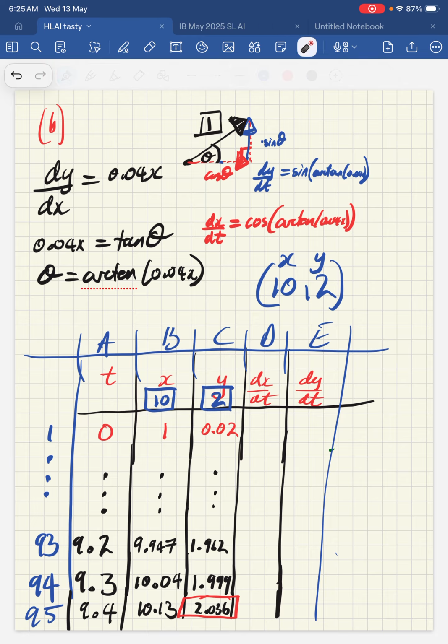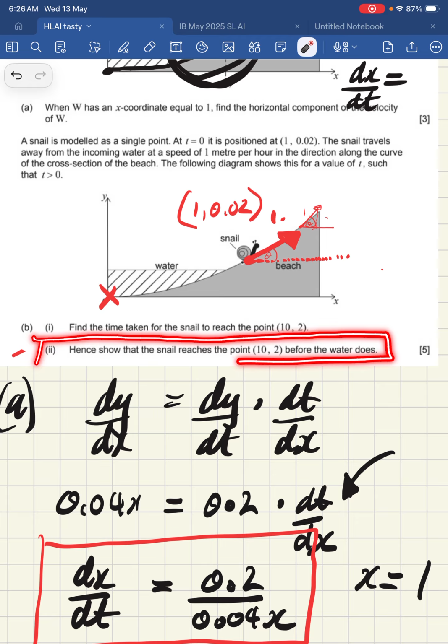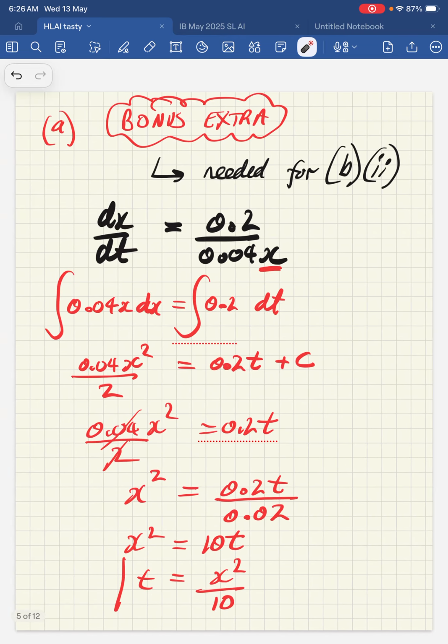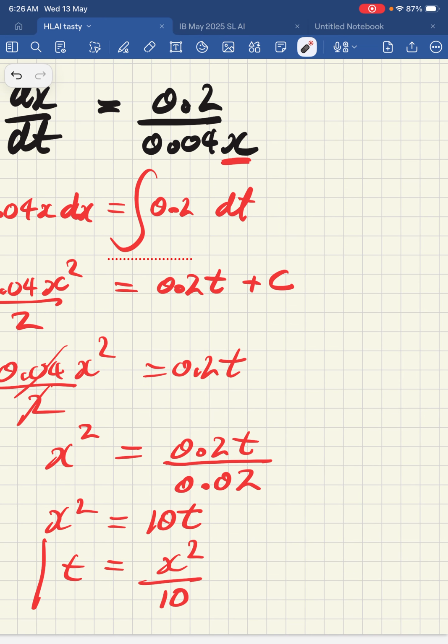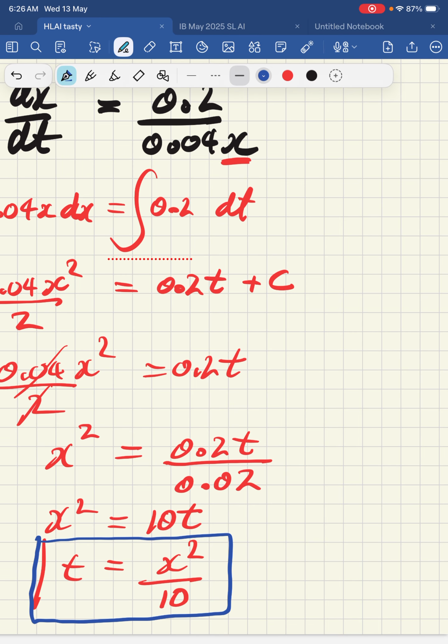It says, hence show that the snail reaches the point 10, 2 before the water does. Right, so now we're going to go back to that water piece here, look, and we've got a formula. Here is the time taken for the water to travel a certain distance. So can you see that the time taken for the water to reach an x coordinate of 10 is actually 10 seconds.